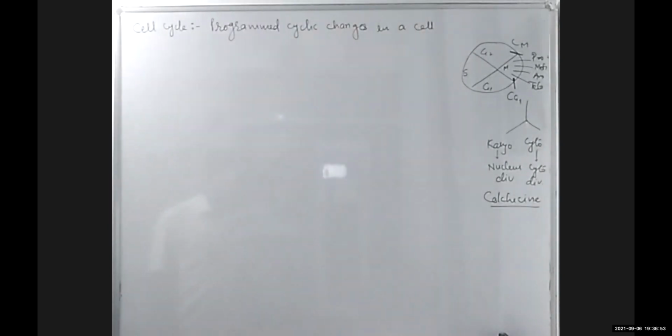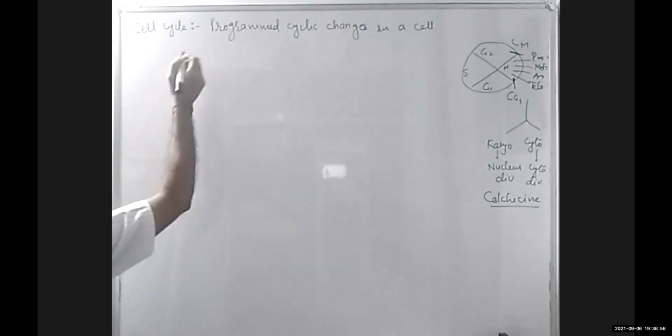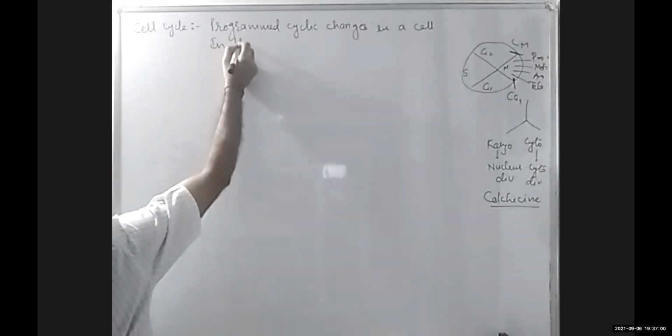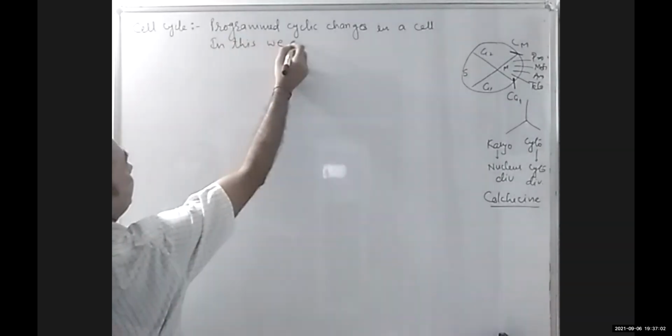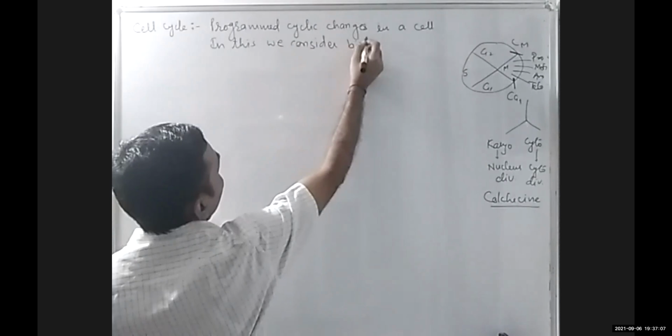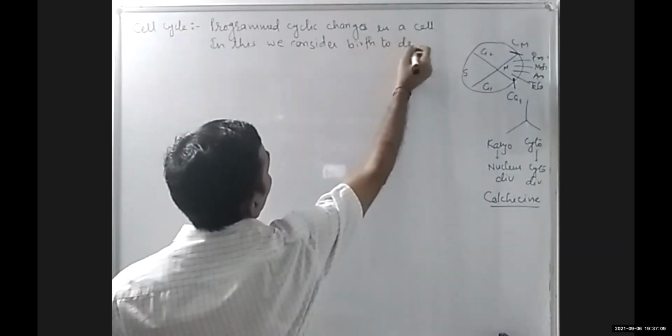Cell cycle. Perfect. In this, we consider birth to death.